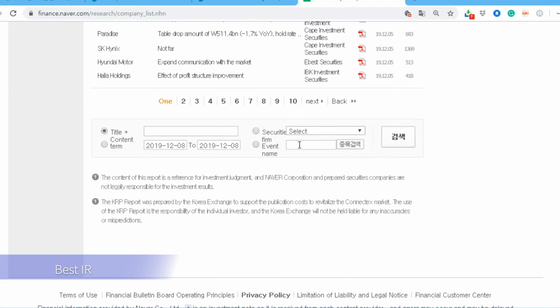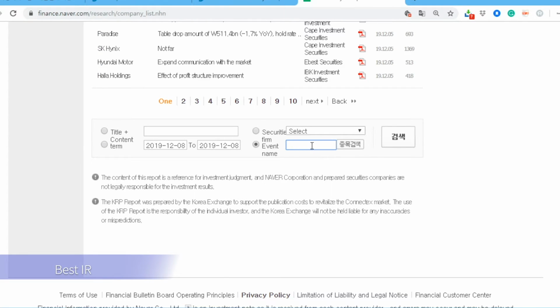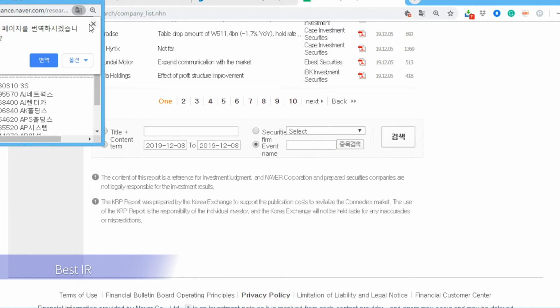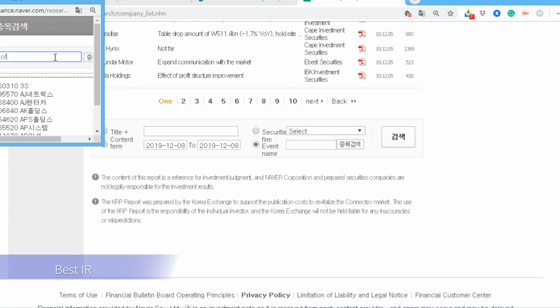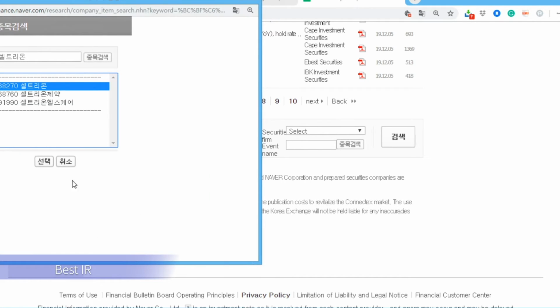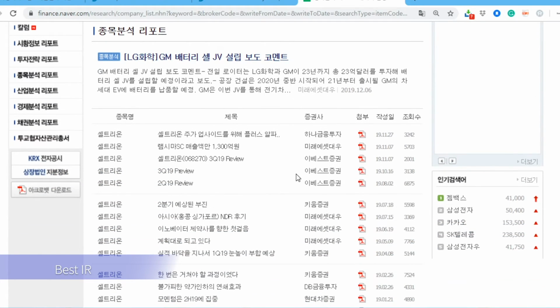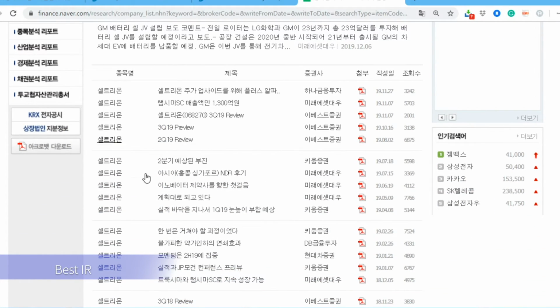So you would perhaps find Celltrion. Okay, then you have to look for it, and then you have many reports.